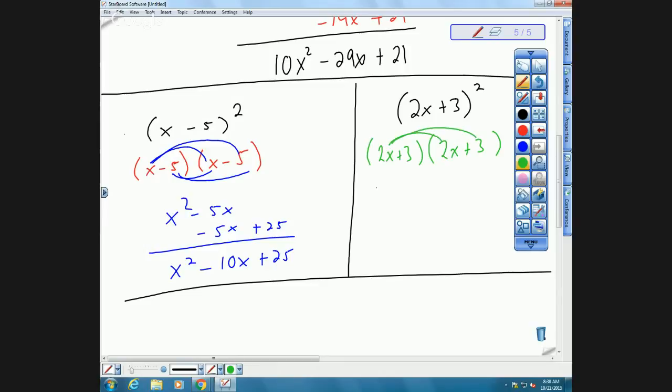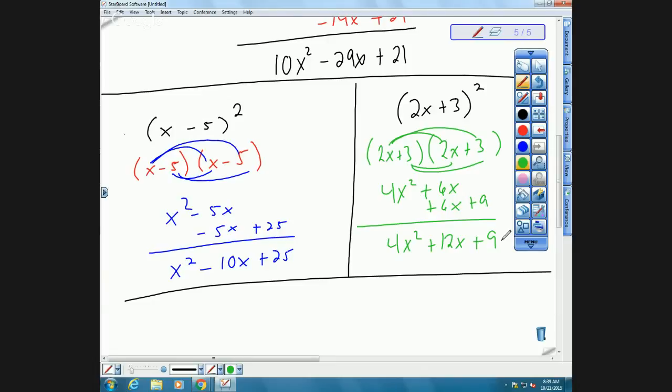I distribute the 2x and I get 4x squared plus 6x. And then I get 6x plus 9. So combine my two middle terms and I get 12x plus 9. All these are is a shortcut pattern, and again, you can just FOIL all of these. Probably the easier thing to do.